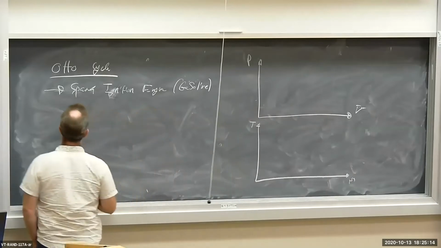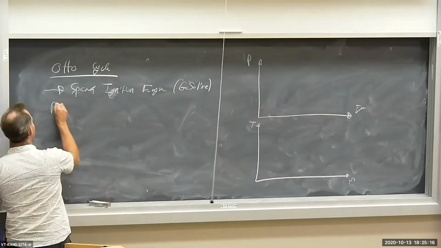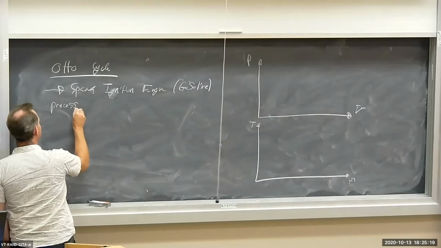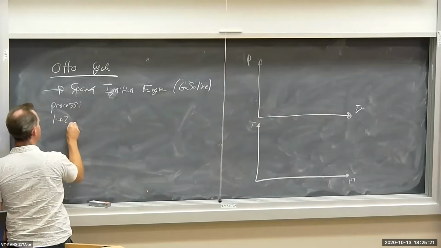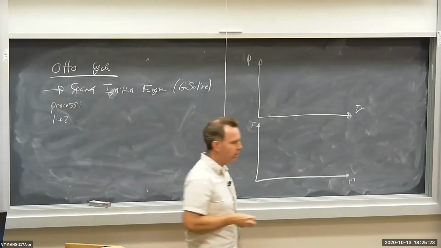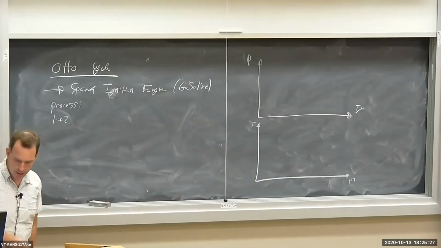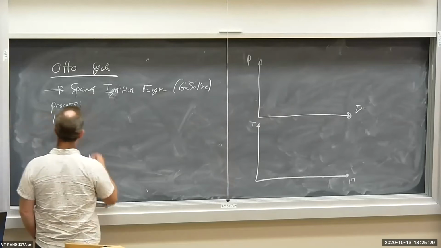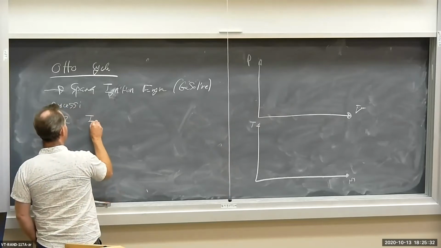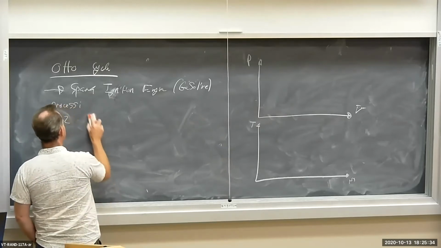So process 1 to 2. Let me make sure I start off in the right place. 1 to 2 is isentropic compression, or if you like, adiabatic compression.